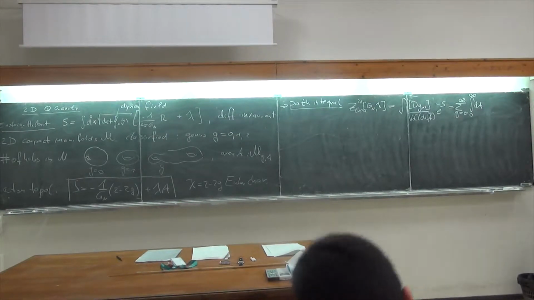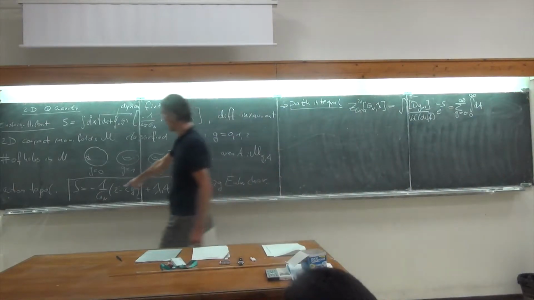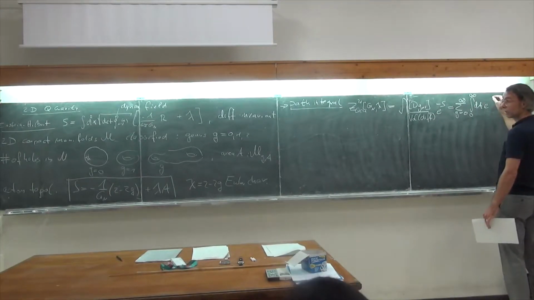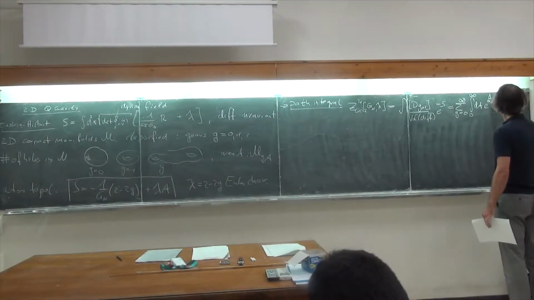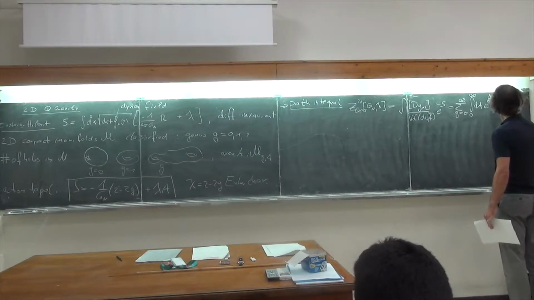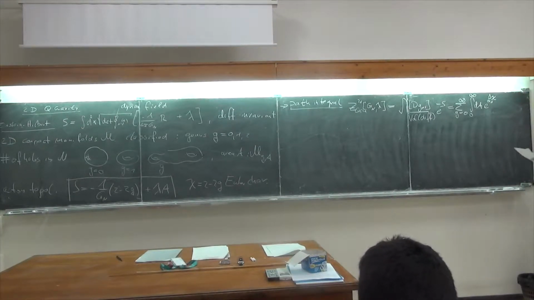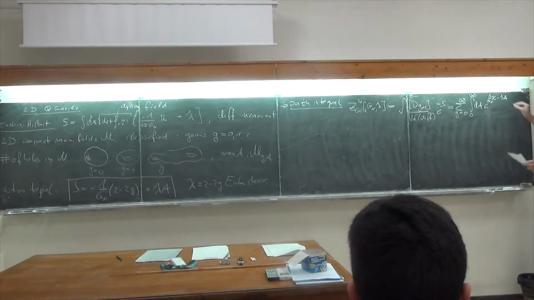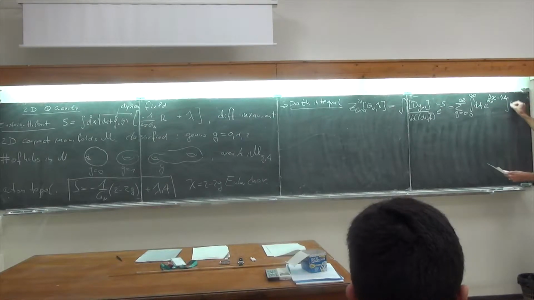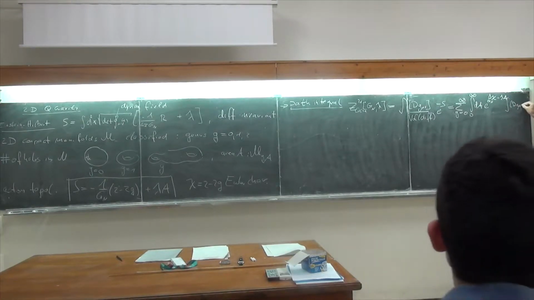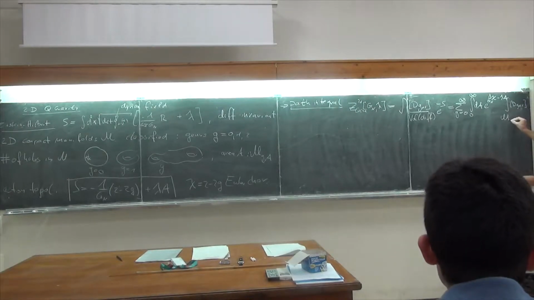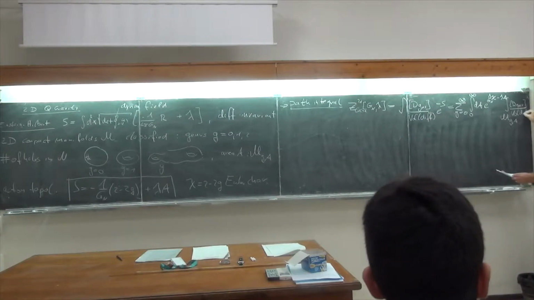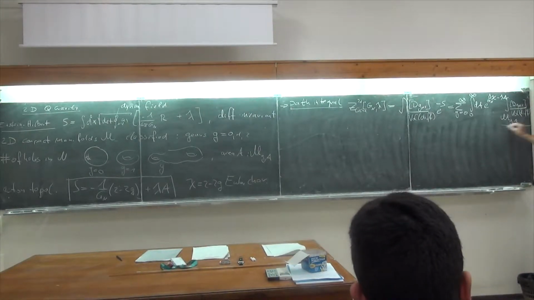Then I just put in the action here, so e to the minus S is e to the plus 1 over G Newton chi minus lambda A. And then we are still left over this integral, where we integrate over manifolds. Okay, and it's this integral that is difficult.